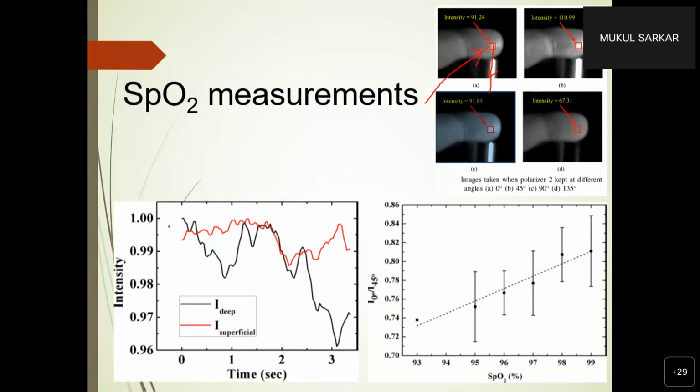You expect that I deep is more unpolarized, and therefore the variation in I deep is going to be substantially larger. And this is what you see. From I deep and I superficial, you can estimate your SpO2, and you see that you have a linear variance in SpO2.